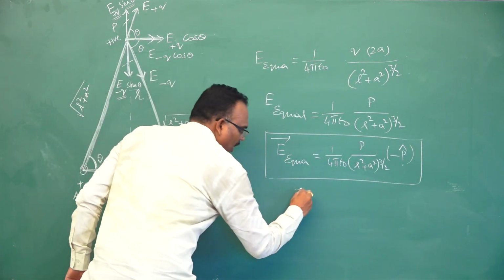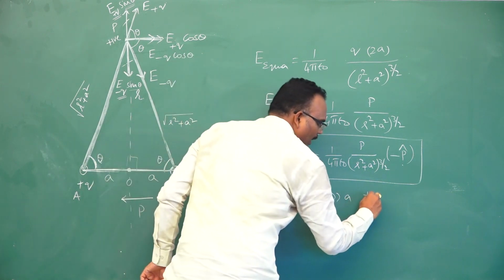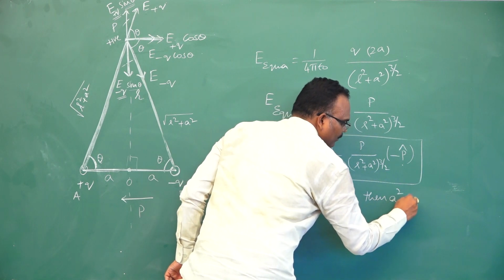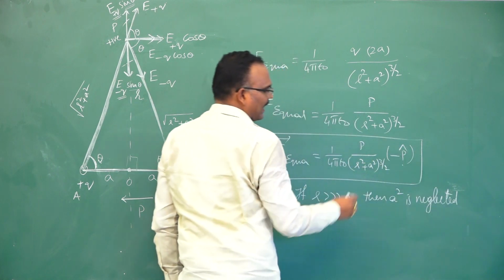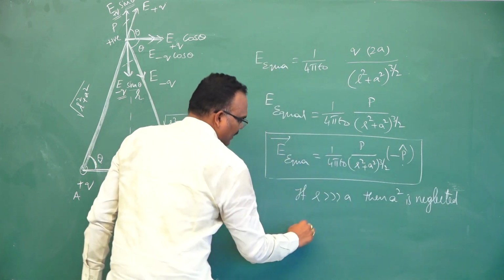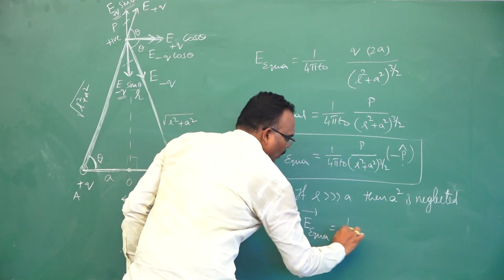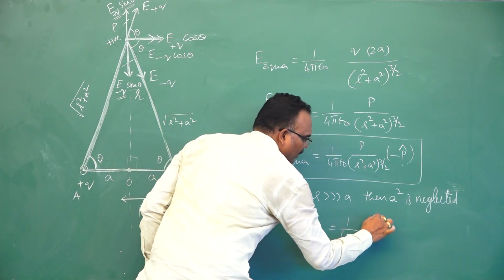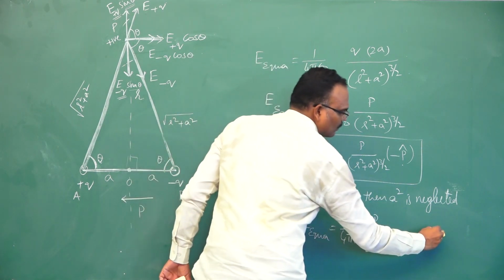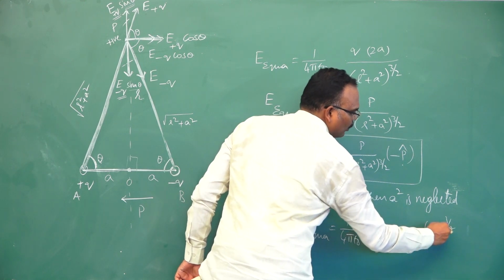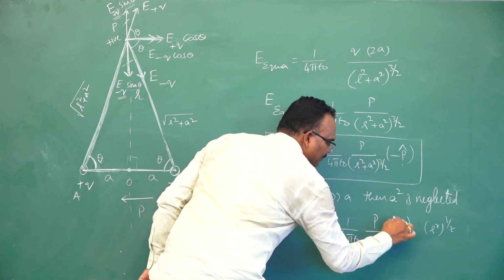See, if we take the assumption that r is greater than a, then a square is neglected. If you neglect a square, you will get electric field along the equatorial line as 1 by 4 pi epsilon naught dipole moment divided by r square whole power 3 by 2, 2 cancels, so r cube, into minus p cap.